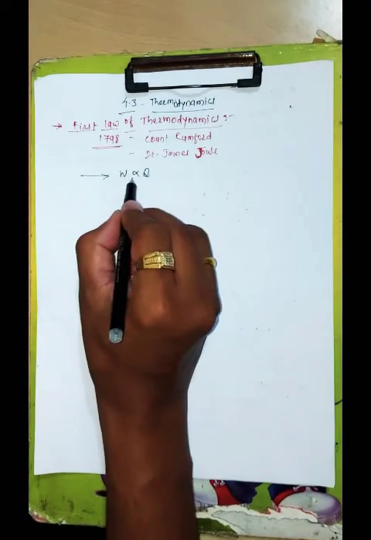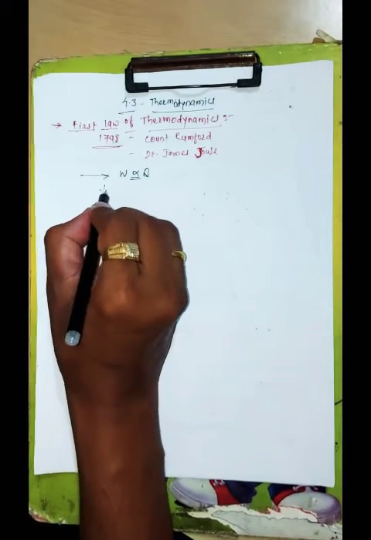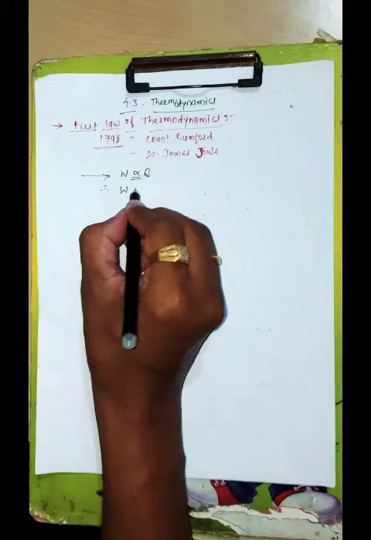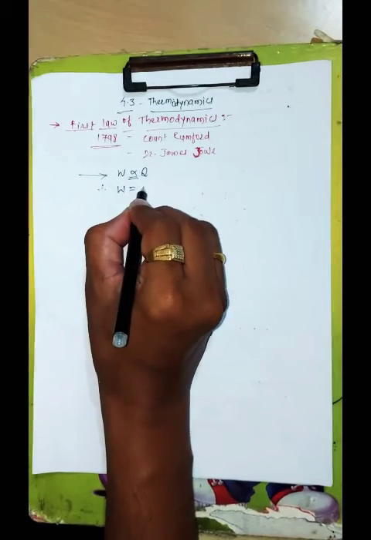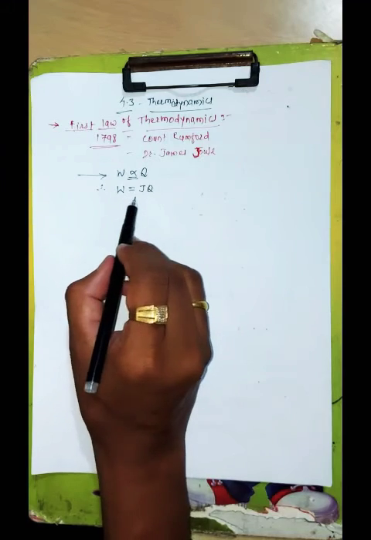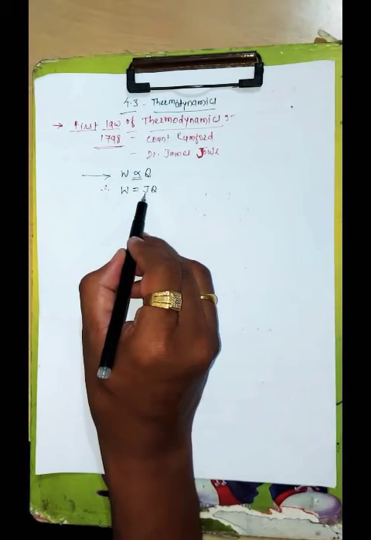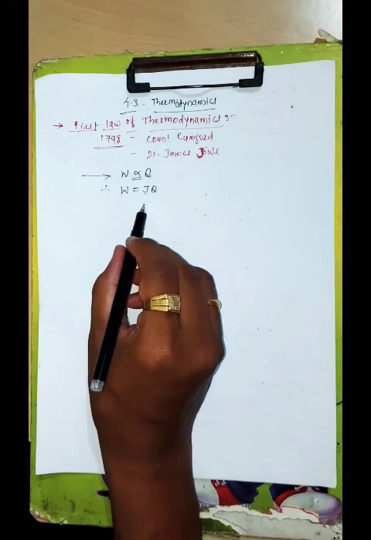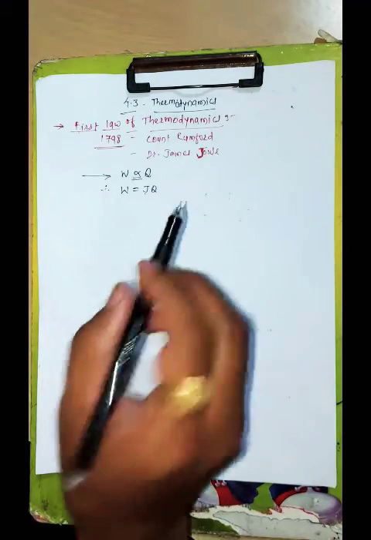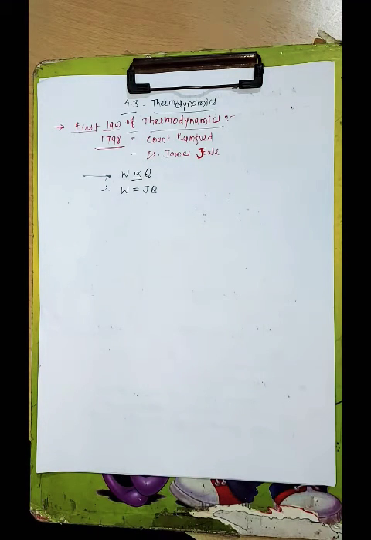If we remove the sign of proportionality, we have to add a constant of proportionality, and the equation can be written as W equals J into Q, where J is Joule's constant, the constant of proportionality. Heat is energy, and it is transferred due to a temperature difference between the system and the surroundings.